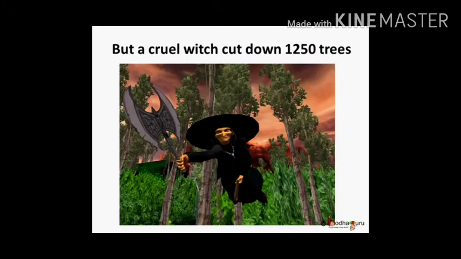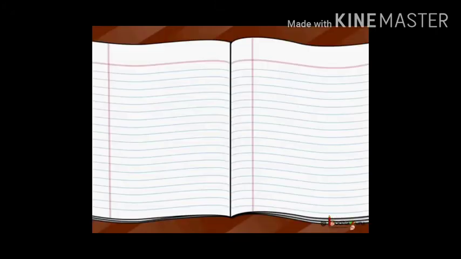First of all, we will write 1560 in the right place values, the original number of trees, because that is the bigger number and it always comes on top. So 1 will be in the thousands place, 5 in the hundreds place, 6 in the tens place, and 0 in the ones place.